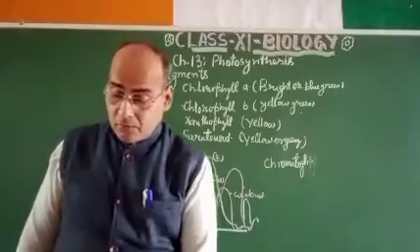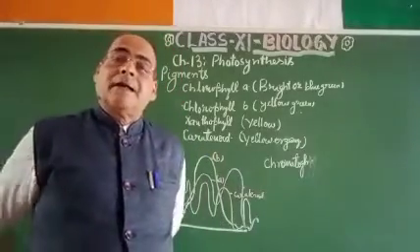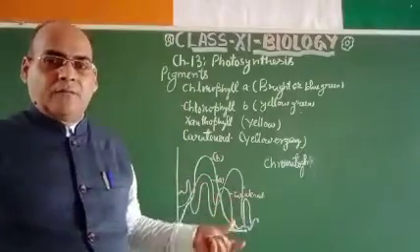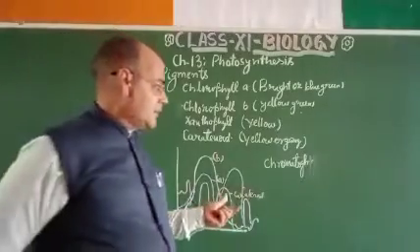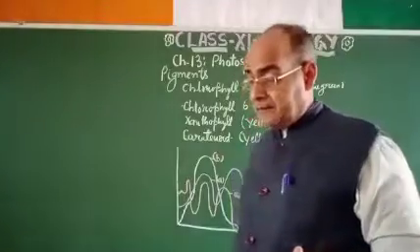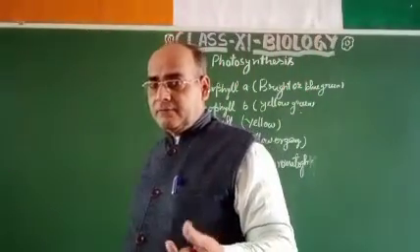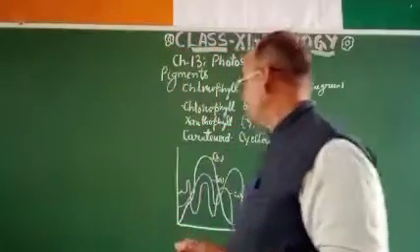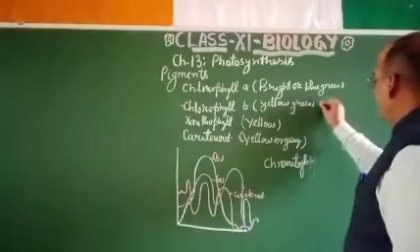My dear student, now see what happened in light reaction. This is the absorption graph, and see what happened in the light reaction. In light reaction, if you see a small complex, that is the LHC, light harvesting complex.